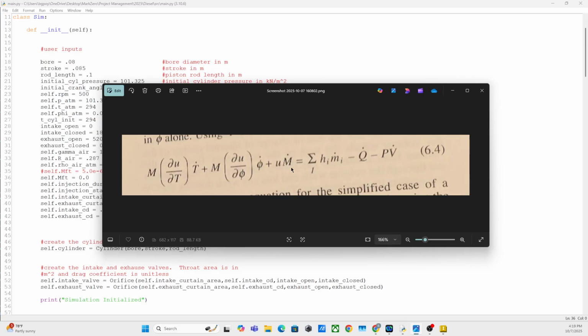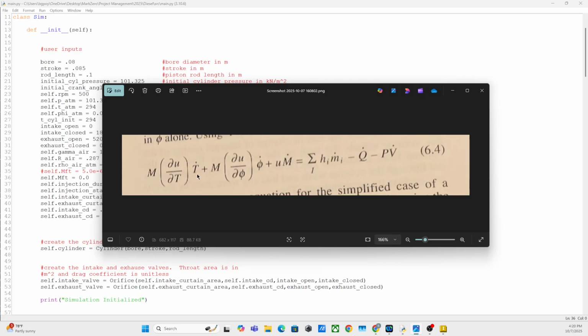Yeah, but this doesn't look like that, right? It's got all these weird terms and DUs and DTs. What does all that mean? Well, very quickly, M is mass, so mass in the cylinder at any instant of time, the mass of the air or the mass of the gas at any instant of time. du/dT is the change in internal energy within that cylinder per change in temperature. So this is mass, change in energy per change in temperature.